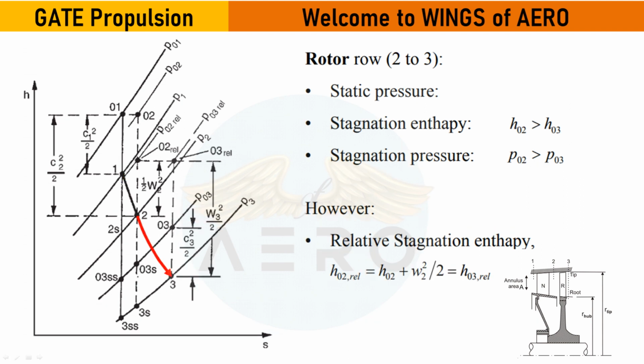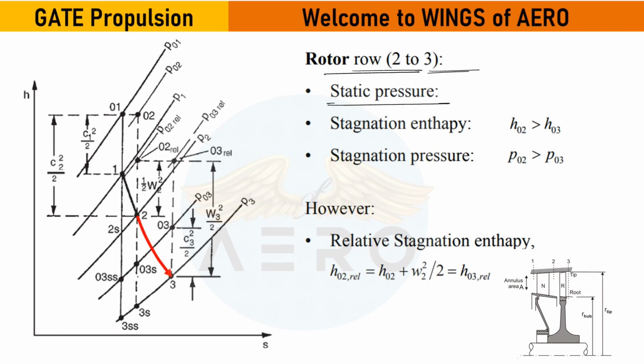Now let's see what happens in the case of the rotor. In the case of the rotor, again there will be a transformation of static pressure, right? The rotor row can be considered from the entrance; the exit of the nozzle is going to be the entrance for the rotor, and the exit of the rotor is going to be point 3.